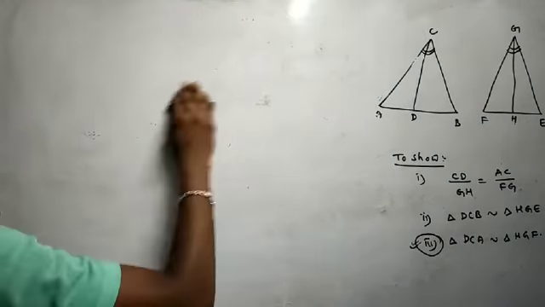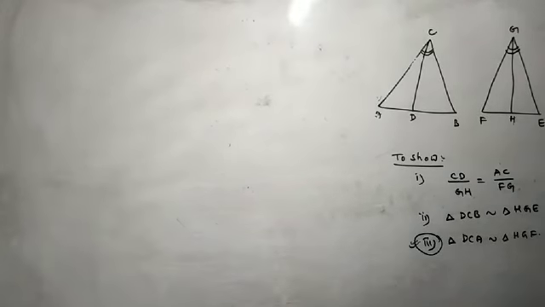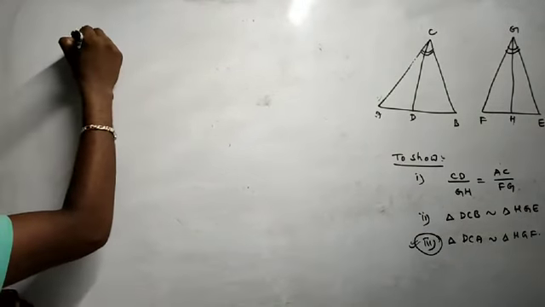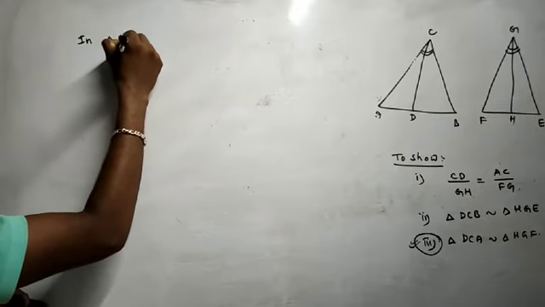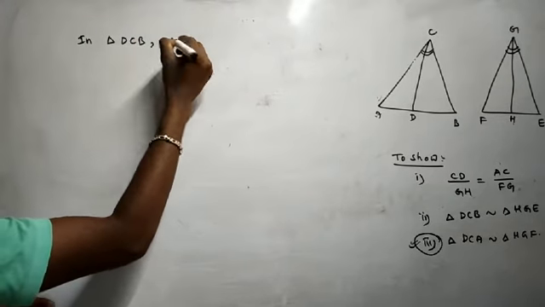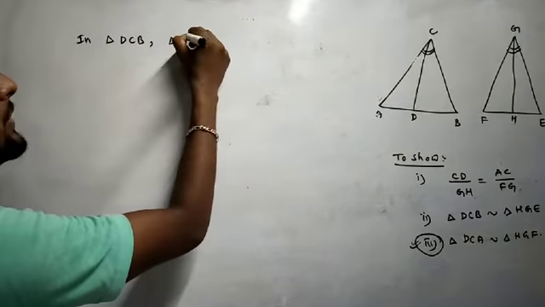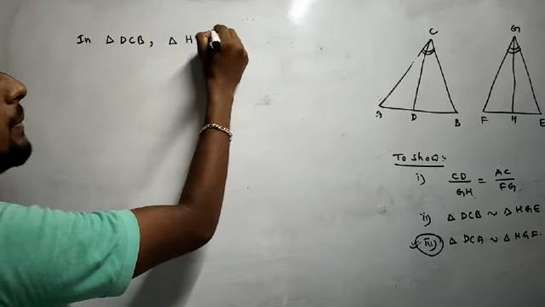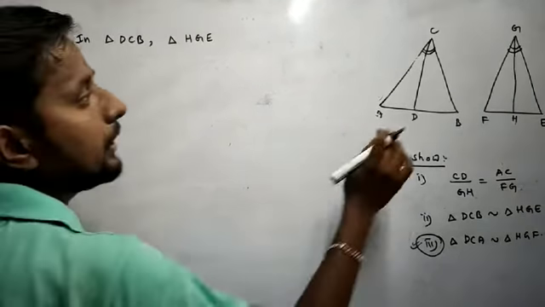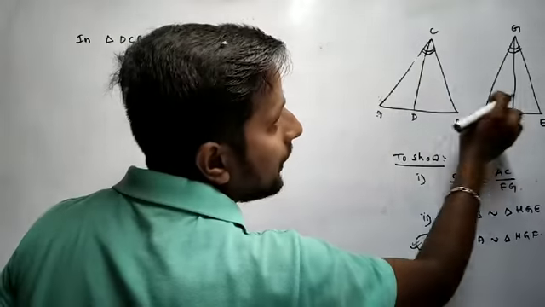Name the triangles in the second proof. In triangle DCB and triangle HGE, second part of the triangle.